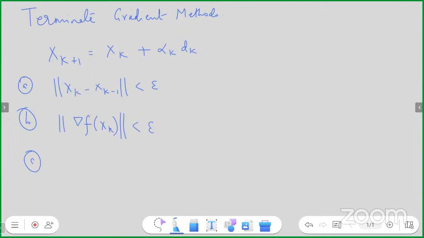So think of two different functions for which it will stop at different points, even though it should have stopped at the same point. Sorry. So think of two functions for which this criteria will stop at two different points, but it should have stopped at the same point.